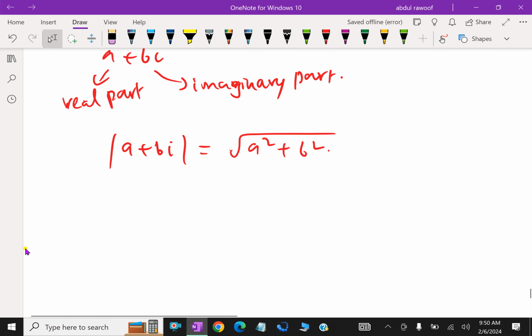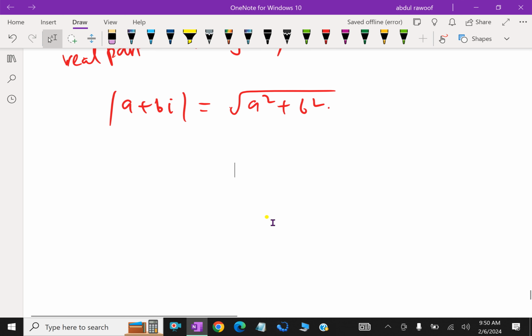Next, we will explain this in detail in coming videos. Now consider the polar form of a complex number.